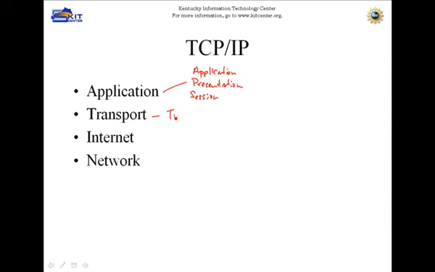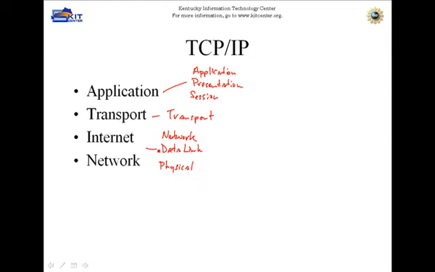Transport is obviously transport in the OSI model. Now, from here it gets a little dicey because we've got 2 layers in TCP/IP and we've got 3 left. And typically what happens here is they split the data link layer. And then you've got data link here. And data link actually is already a split layer if you think about it, if you remember back to your study of the OSI model.